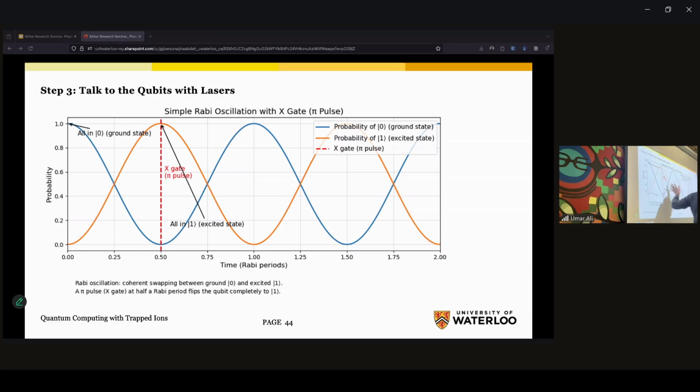Forget about this picture. If I have an ion over here and I shine a laser, it will rotate, and if I keep shining the laser, it continues rotating. If I time my laser to be on for only this amount, then I have made an X gate.